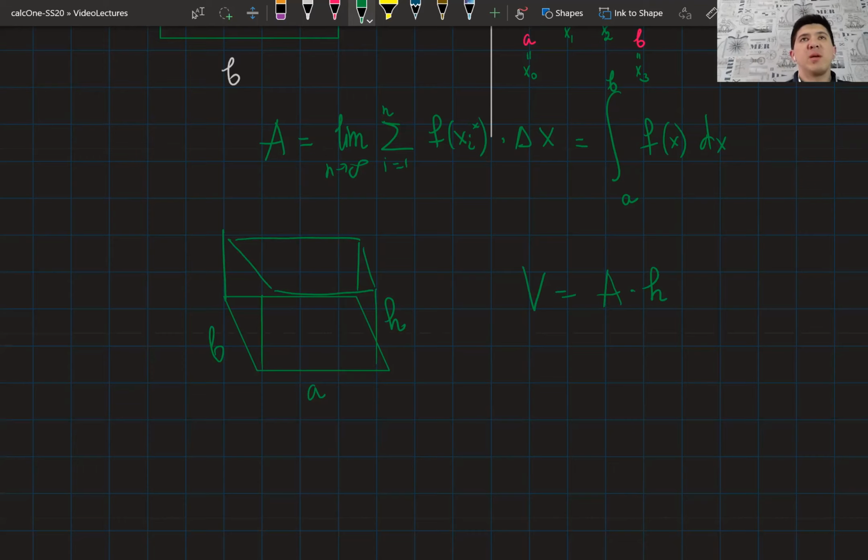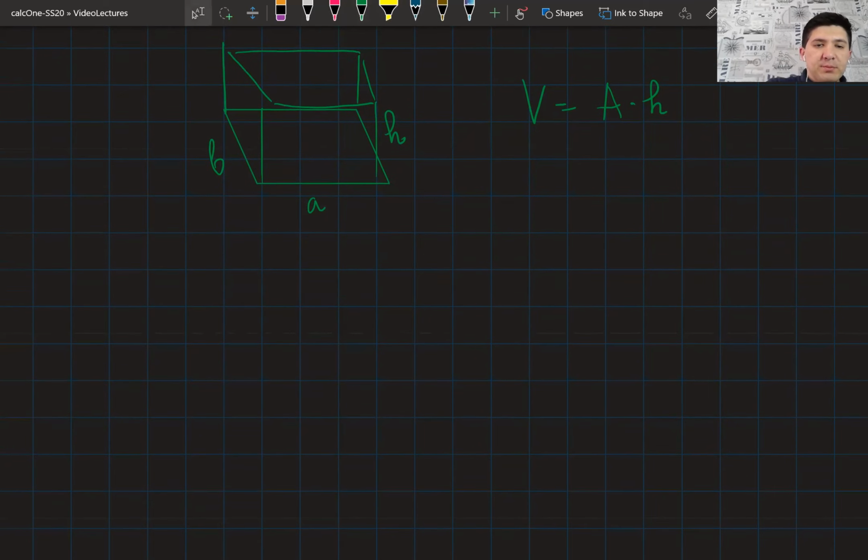If the base is, for example, a square, then it's going to be a multiplied by a. If the base is a circle, then the area is going to be pi r squared, and so on. For example, if we've got a circular cylinder, its base is going to be a circle.